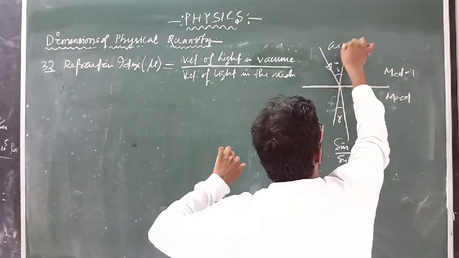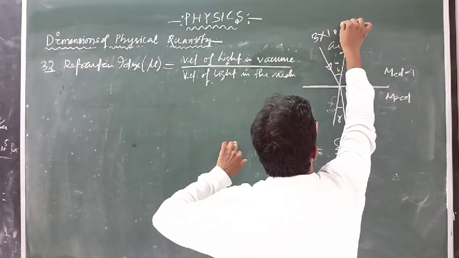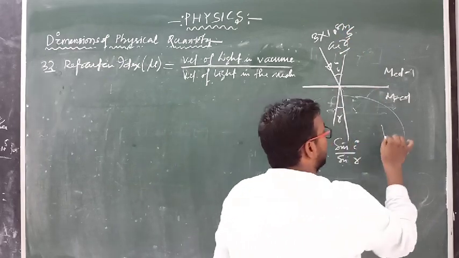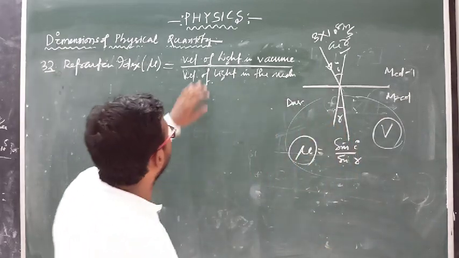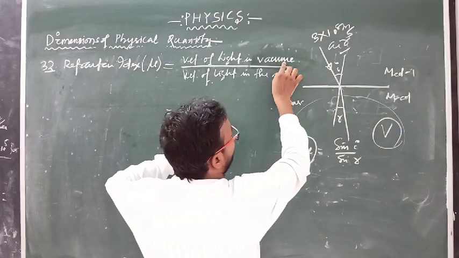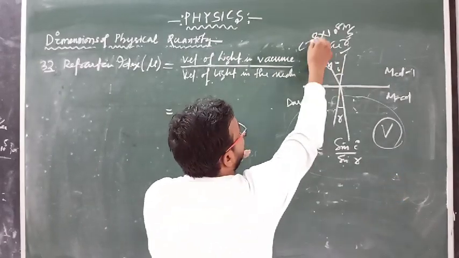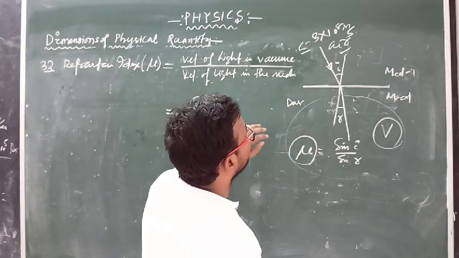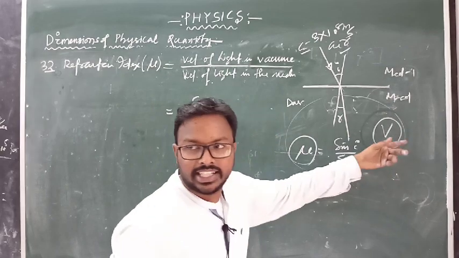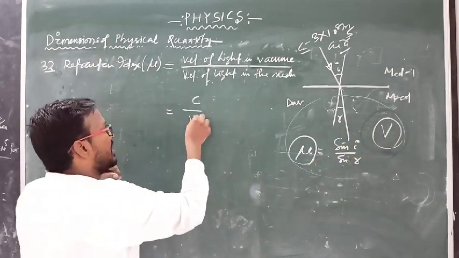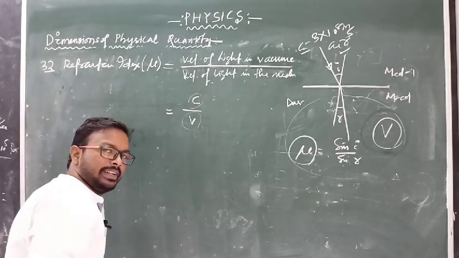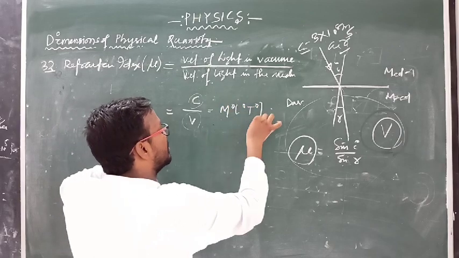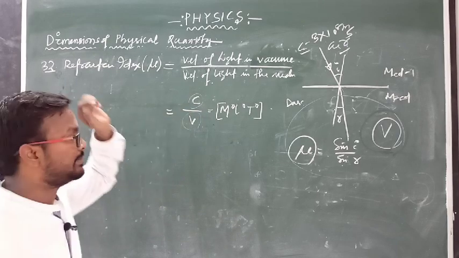In the air medium light travels at 3 × 10^8 meter per second, but in a denser medium, other than air, the velocity is, suppose, v, clear? So we use this relation here: speed of light in vacuum, c, divided by v, where c means 3 × 10^8 meter per second, and in the other medium the velocity is v. But c is speed and v is also speed, so the dimension we can write here is M0 L0 T0. This is a dimensionless physical quantity.